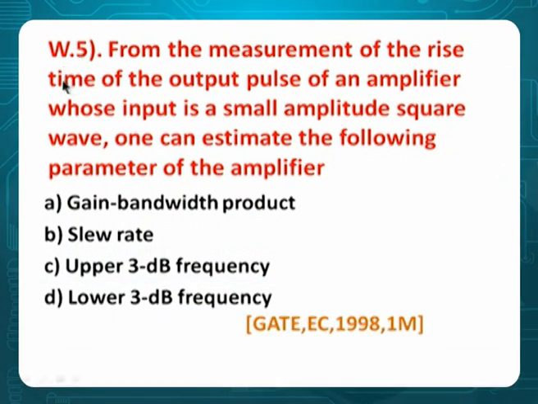Okay, problem 5. From the measurement of the rise time of the output pulse of an amplifier, whose input is a small amplitude square wave, one can estimate the following parameter. This is basically called step response of an amplifier. What will happen if you give a step to the amplifier instead of a sine wave?